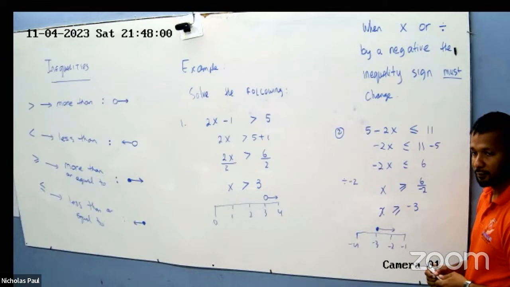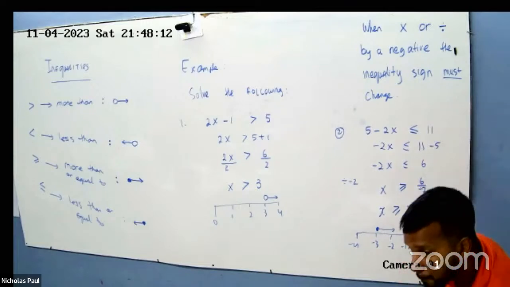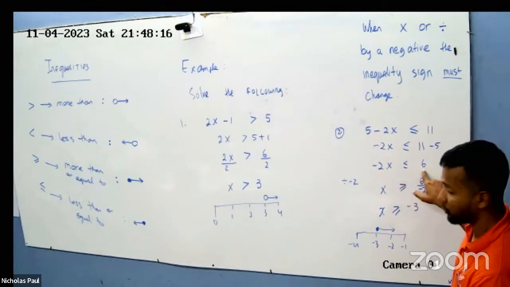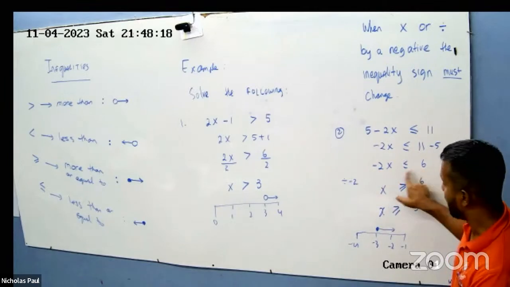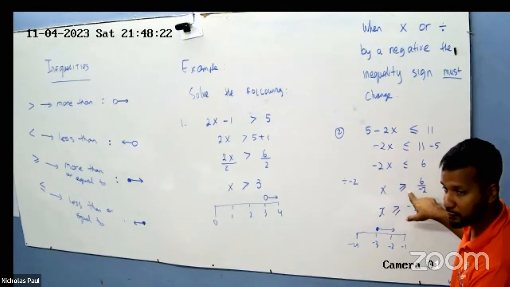Okay with that? Yeah, so it's multiplied, so when it goes across, it's divided. And whenever you divide or multiply by a negative, the sign must change. Right? That's this rule here.